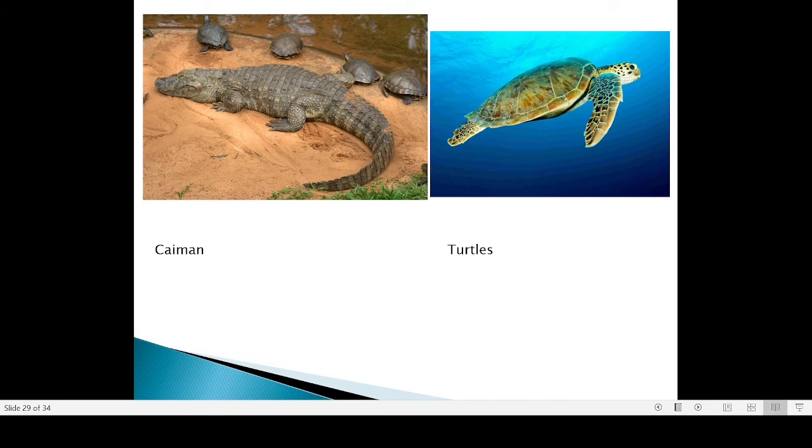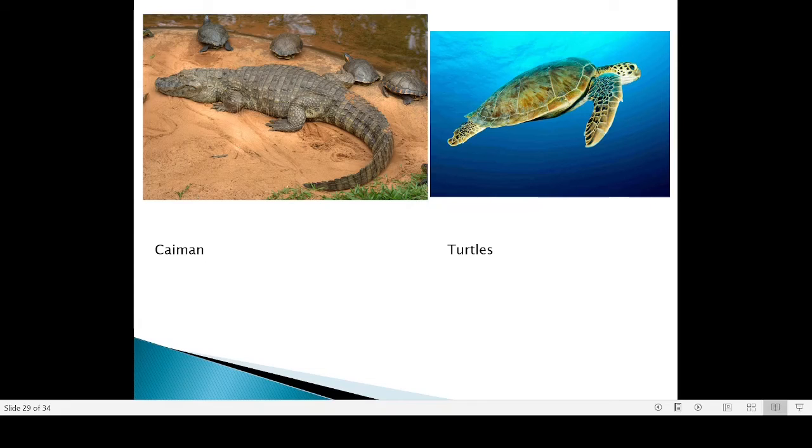Then there is the caiman. Caiman is a type of crocodile that is present in South America. You can see the picture of the caiman shown here, and that is the species of crocodile commonly present in South America.